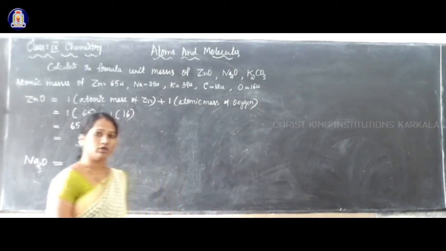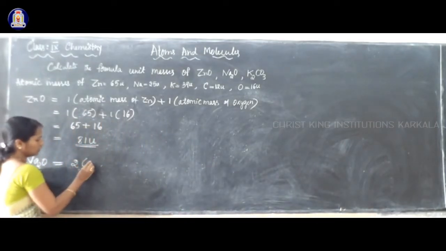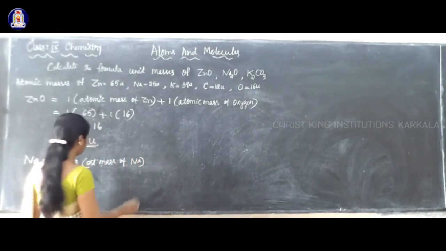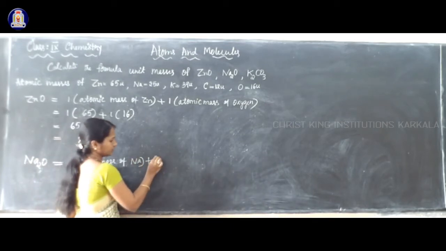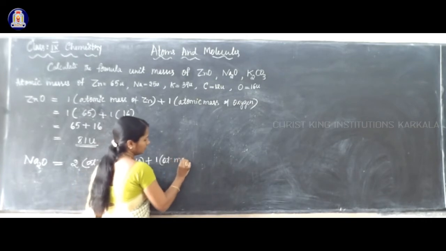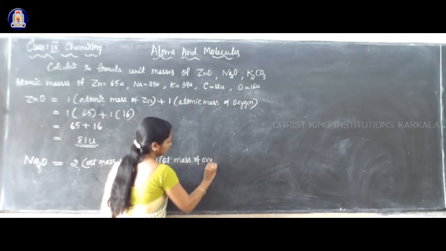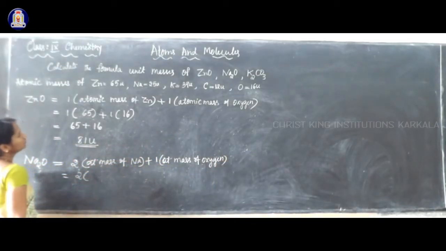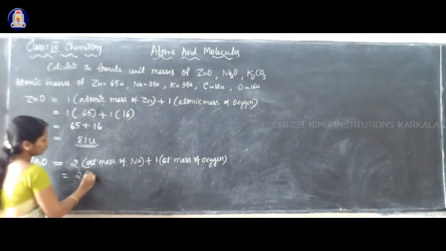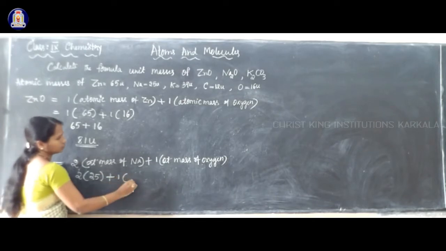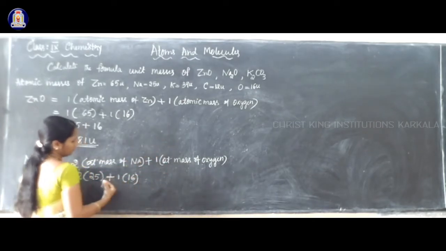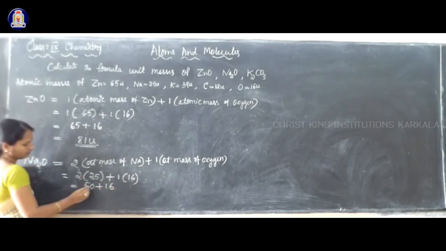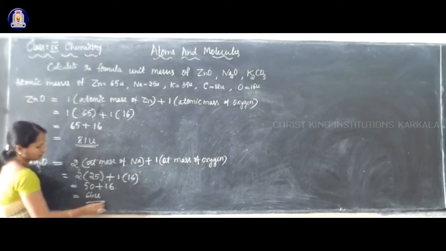So I can calculate molecular mass as 2 into atomic mass of sodium plus 1 into atomic mass of oxygen, which is 2 into 23 plus 1 into 16, which is 46 plus 16, that is 62 atomic mass unit.